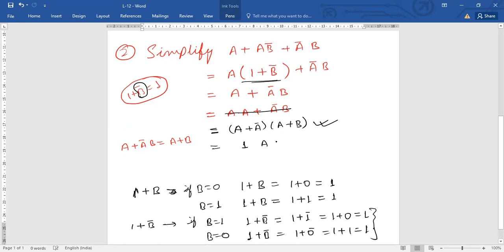And sir, there you used the duality theorem? Which theorem? Yes, the distributive law, sir. We have used, okay, so I am writing it here.